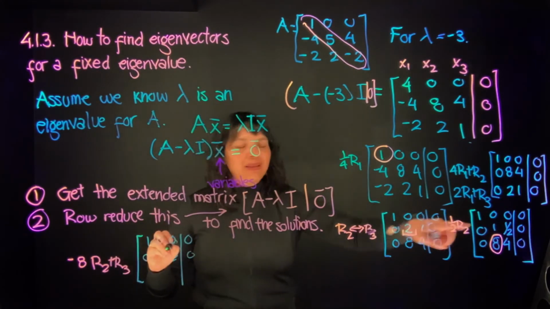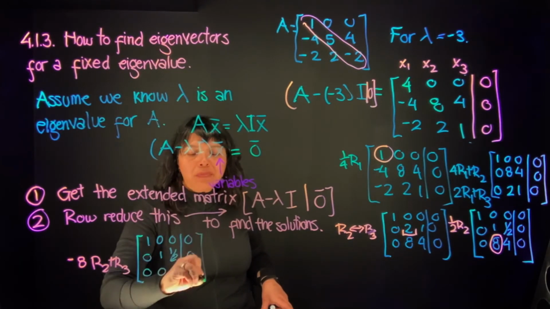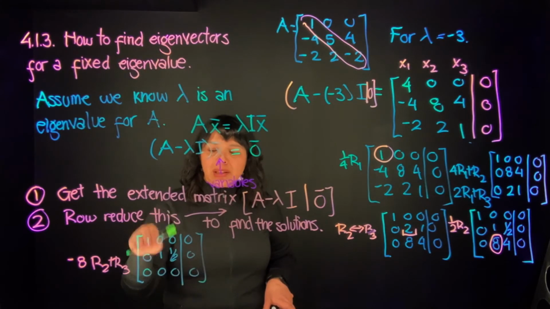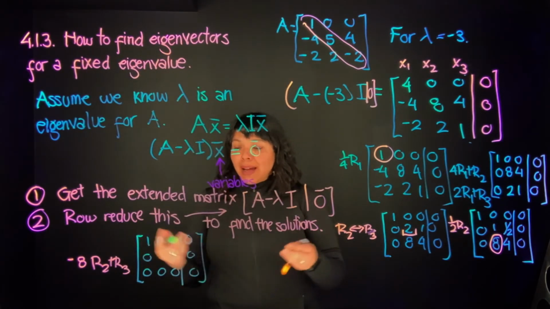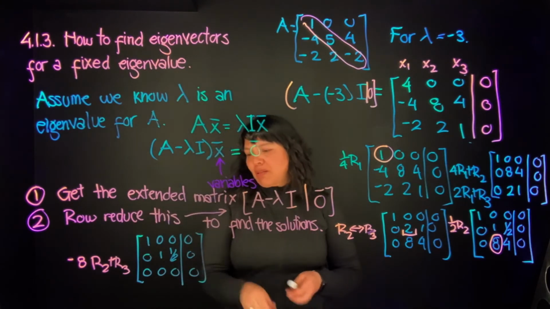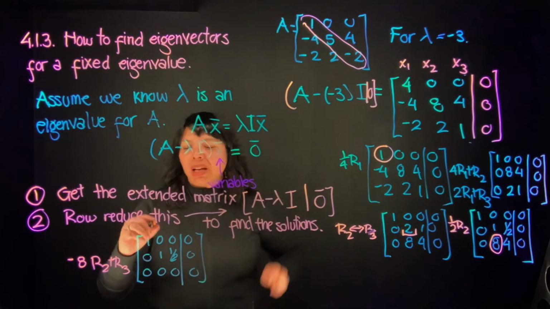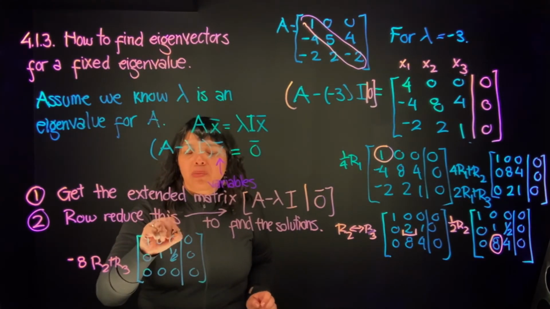You can already see that this is going to give me zeros. I'm done because I cannot get a 1 here. This is already reduced, and that means that I can just read my solutions out of this. Remember that we said that these were my coefficients for x1, x2, and x3 respectively.